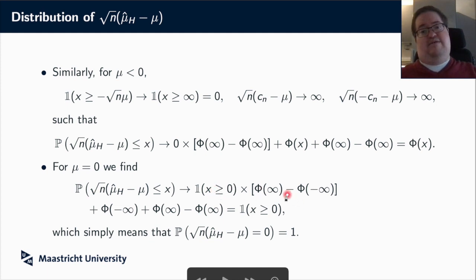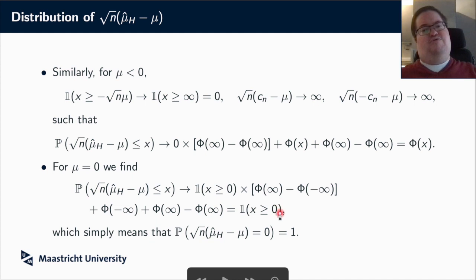We get infinity minus phi of minus infinity, but also plus infinity minus phi of infinity. So here we end up with 1 minus 0, leaving this indicator function. Then here we have 1 minus 1, which is 0, and this one is also 0. So we're only left with this indicator function.